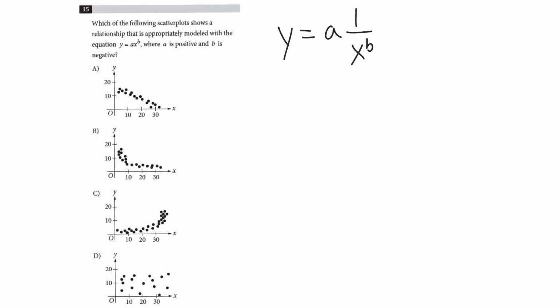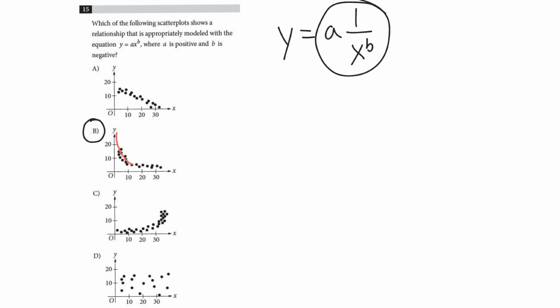That means that as x increases, the value of this expression is going to decrease. So we should be decreasing at an exponential rate. So let's say B. That looks like it models that, right?